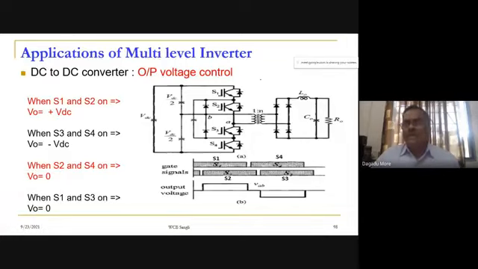Now we can discuss the EMF equation of the transformer. What is the EMF equation of the transformer?